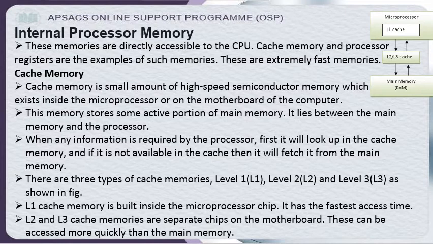But L1 is not shared. L1 will be inside every CPU. Right now we don't get L2 cache memory, which used to be on the motherboard. In the latest processors we get L1 and L3 cache memories.